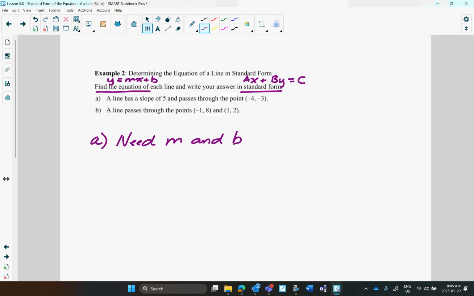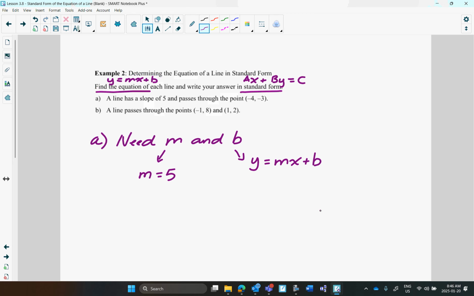Well, in part A, I'm given it. I don't have to figure it out. So I'm already halfway there. But B, as usual, we're going to have to figure out using y equals mx plus b.